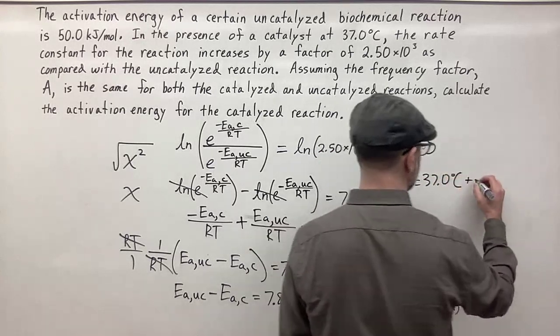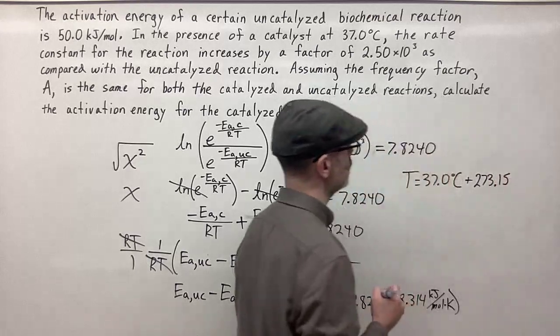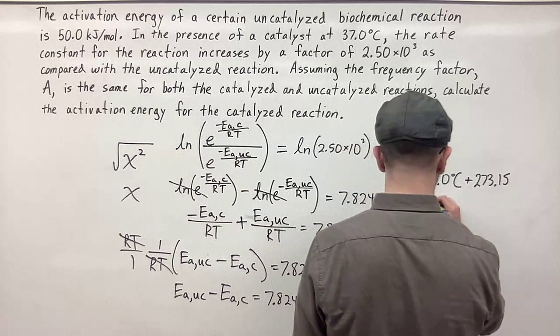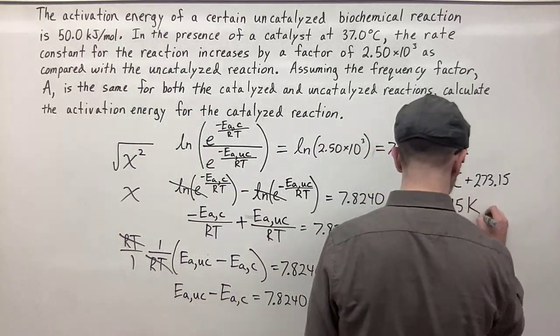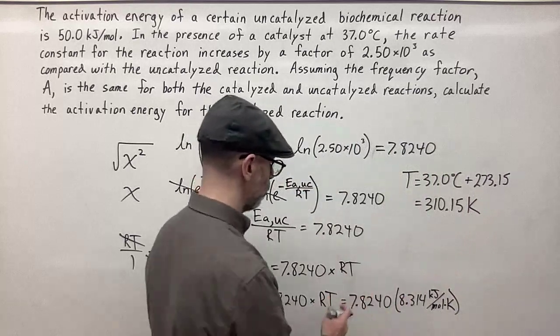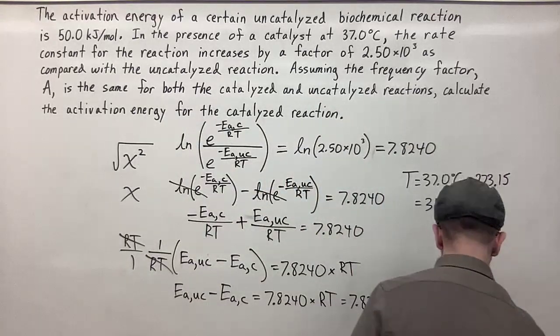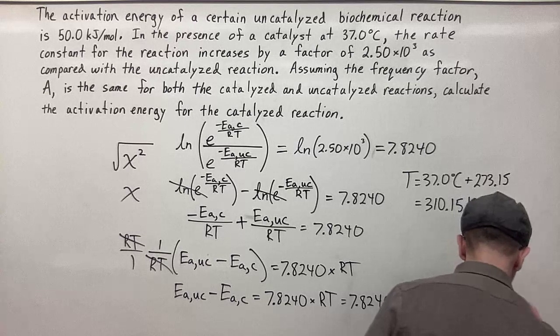We're going to add 273.15 to that to convert to Kelvin. And so we get 310.15 Kelvin for the temperature. So that's what we're going to multiply here by. So that's our temperature. So we're going to go ahead and multiply this by 310.15 Kelvin.